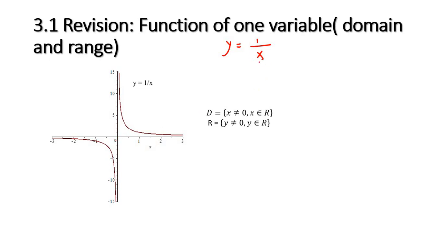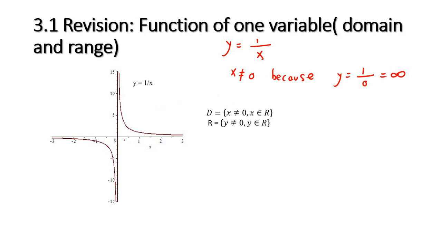Why? Because when x is 0, y will be 1 over 0, which is infinity. Function only takes real values. So that's why x cannot be equal to 0.